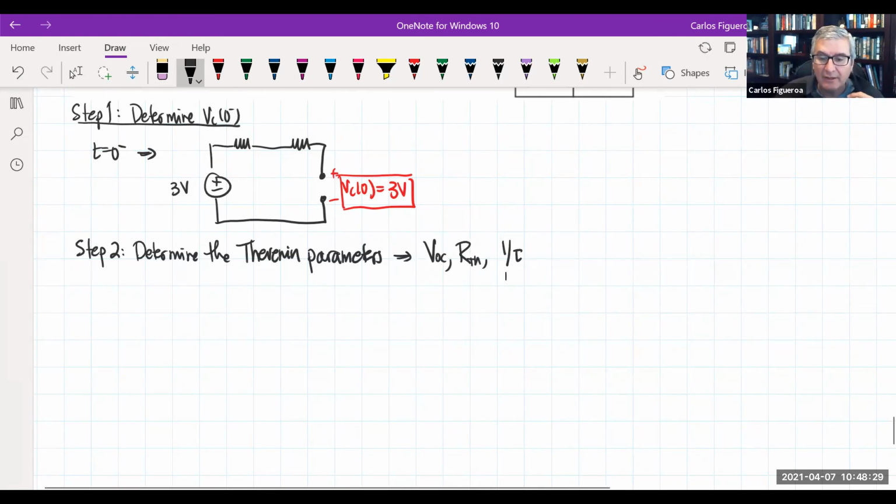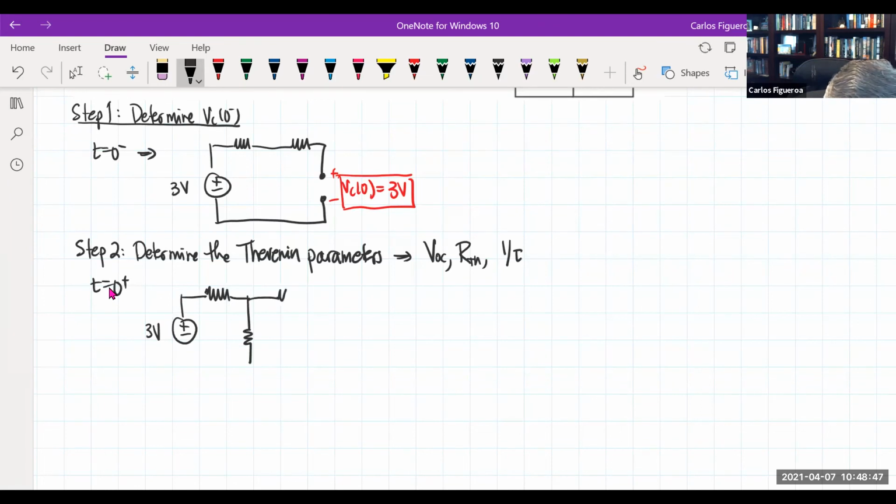So let's go do that. Here's my circuit. At t equal to 0 plus, I have a circuit that looks like this. This is my circuit. I'm going to remove the load, and if I remove the load, then I have this circuit right here.